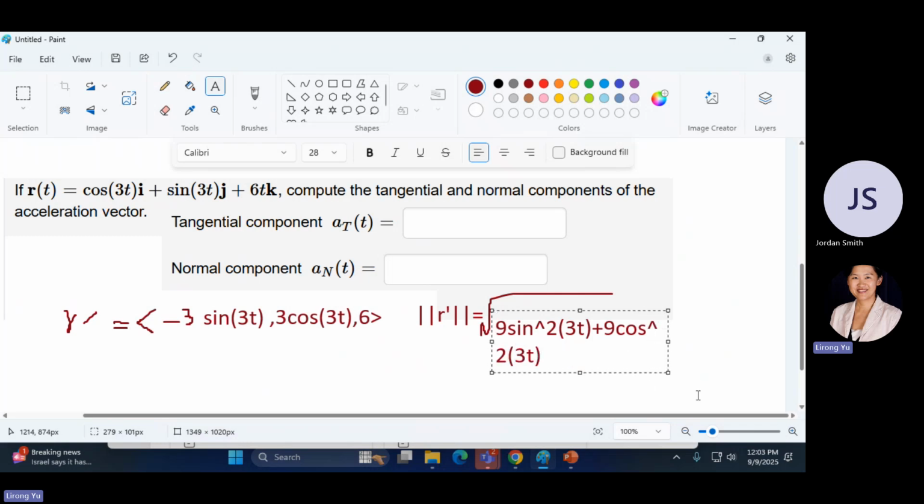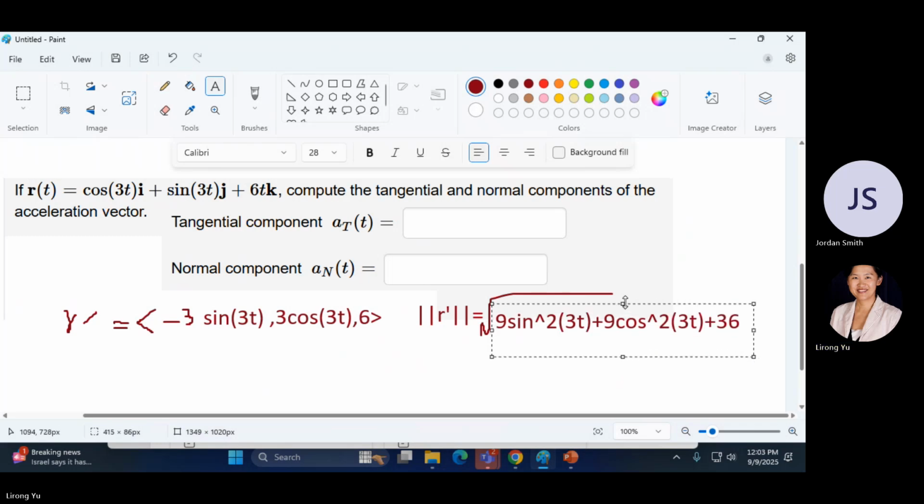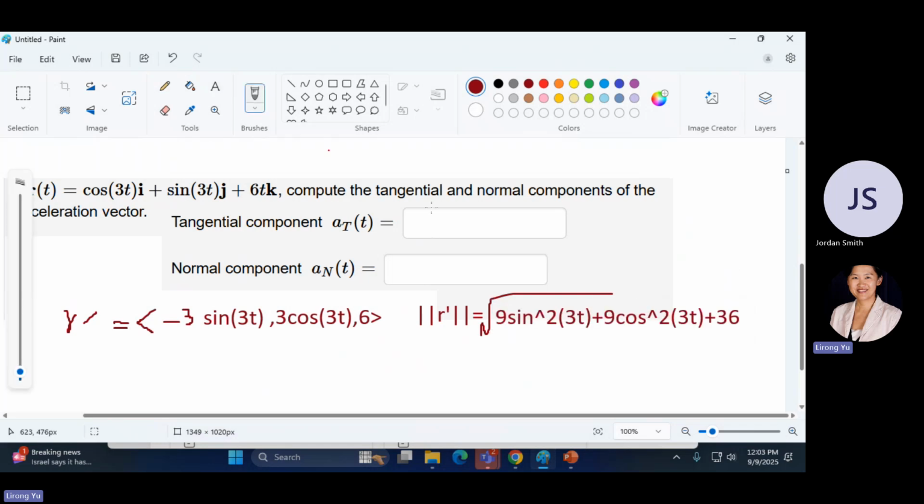And then the last component is 6, and the square of 6 is 36. Right, 9 is a common factor. Then you have sine squared plus cosine squared, which equals 1, so that's 9 plus 36. So this magnitude is actually the square root of 45.